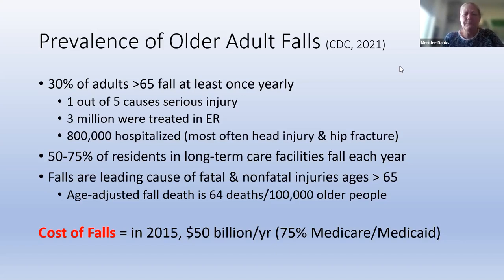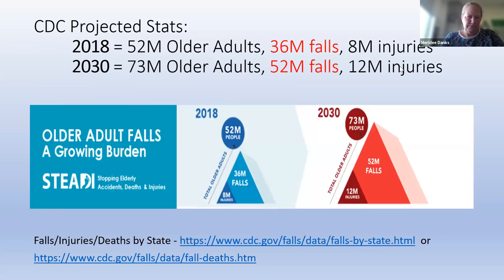In 2015, it was found that $50 billion were spent on the year for fall-related injuries. 75% was covered by Medicare or Medicaid for falls. So projected stats, in 2018, they estimated about 52 million older people were alive.